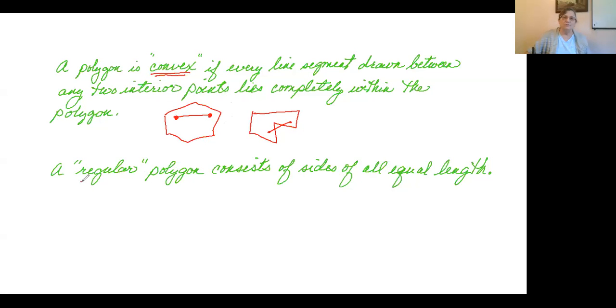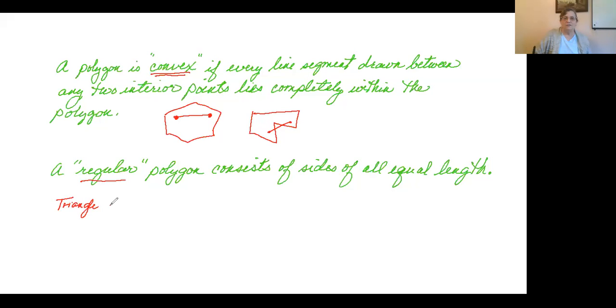Now, a regular polygon specifically means one where all of the sides are the same length. So our polygons are typically named by the number of sides.